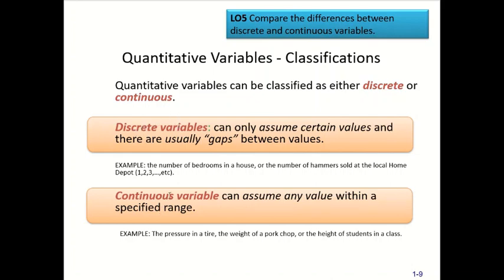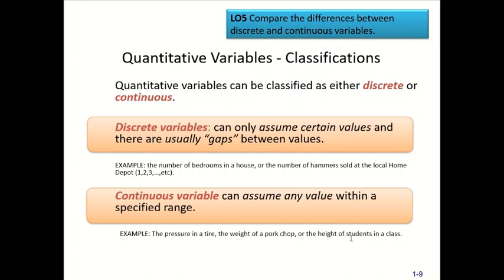In contrast, there is another kind of variable, a continuous variable, and it can assume any value within a specified range. Suppose we talk about your weight: it can be 62.5 kgs, 62.3 kgs. So it assumes not only whole numbers, but any number in between the whole numbers.